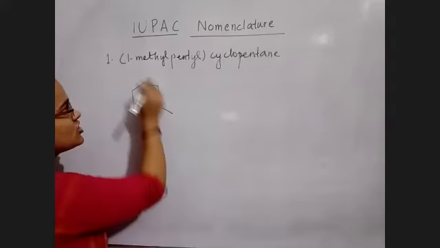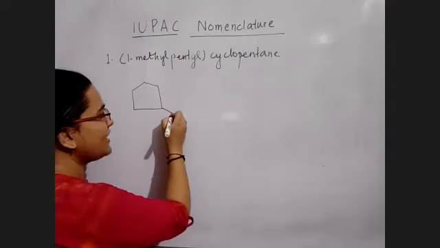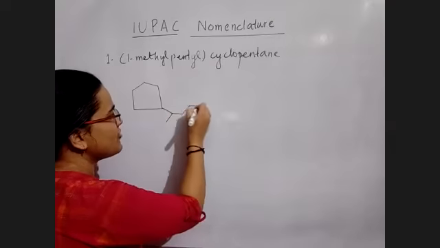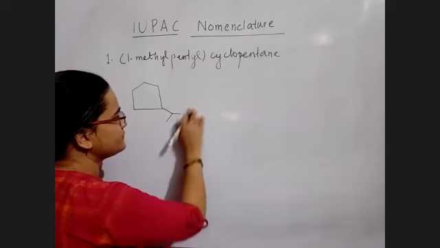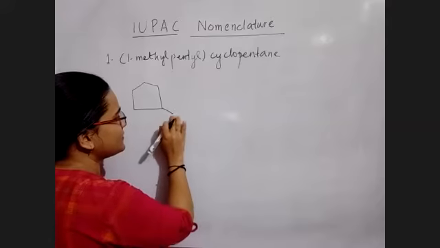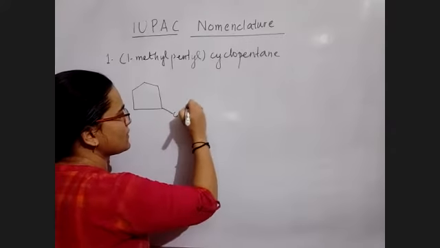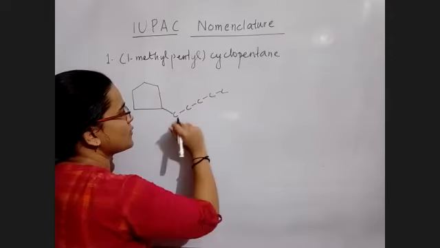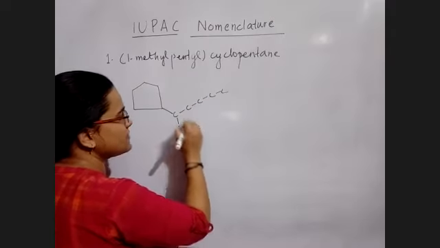At first position, 1-methyl pentyl is present. Pentyl group means 5 carbon atoms: 1, 2, 3, 4, 5. At first position CH3 is present.